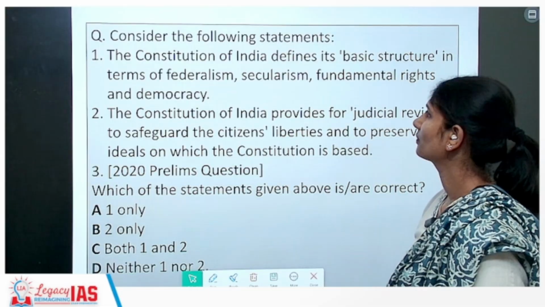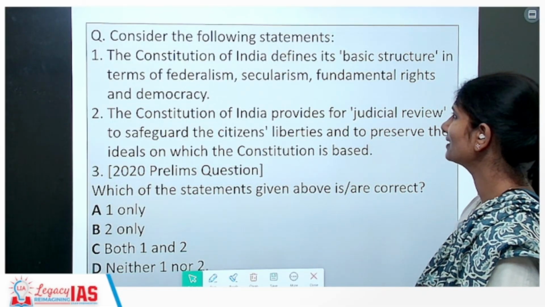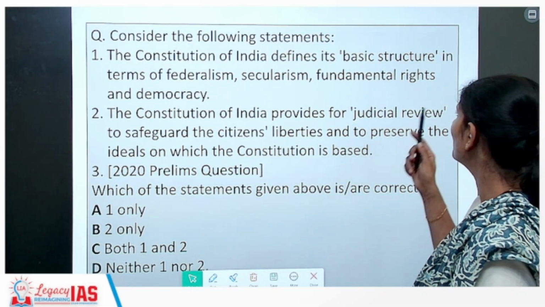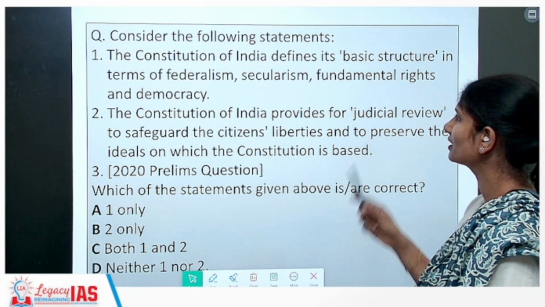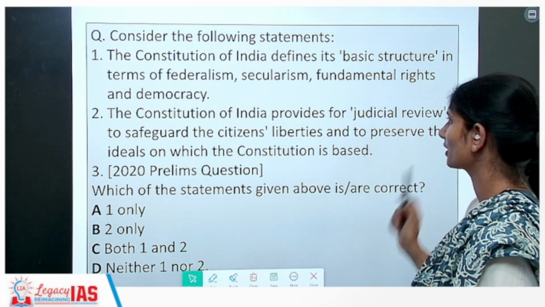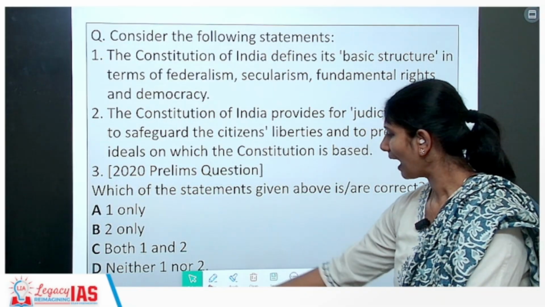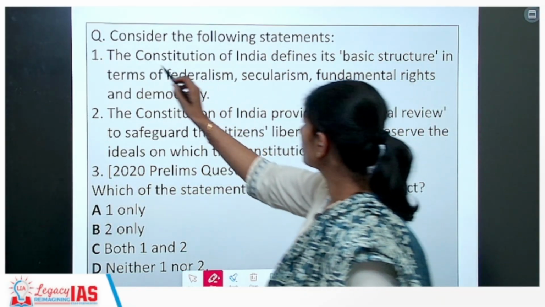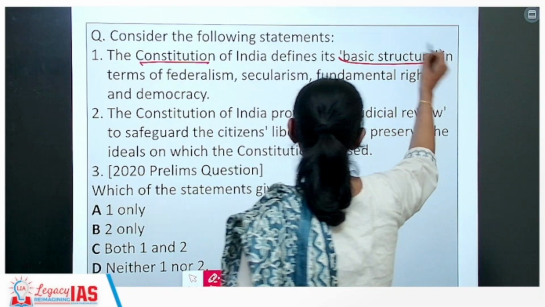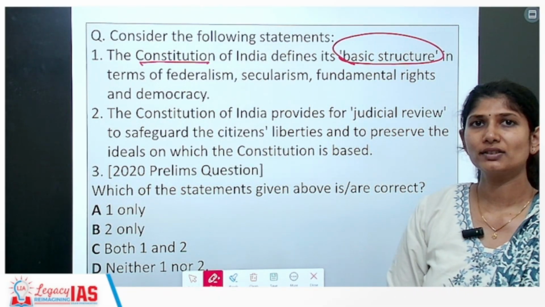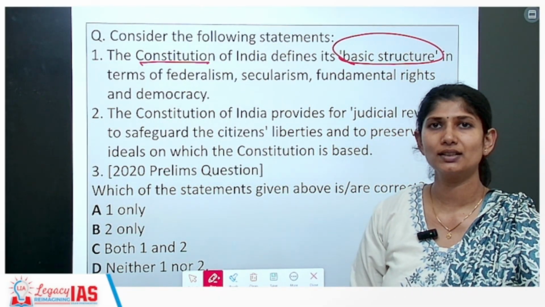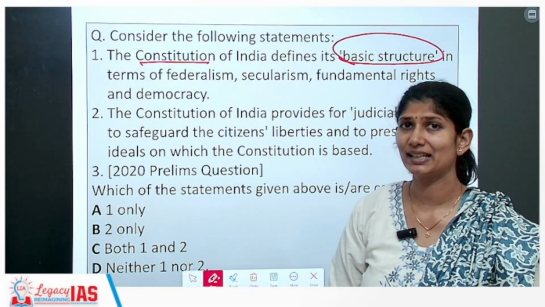Next question. Consider the following statements. The Constitution of India defines its basic structure in terms of federalism, secularism, and fundamental rights and democracy. Has the Constitution defined the term basic structure? See, it was the output of Keshavananda Bharati case of 1973.